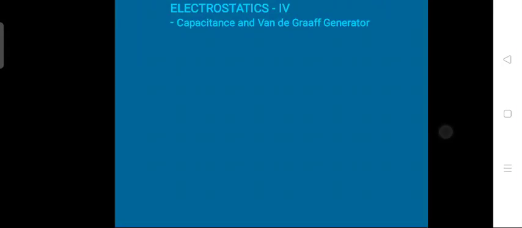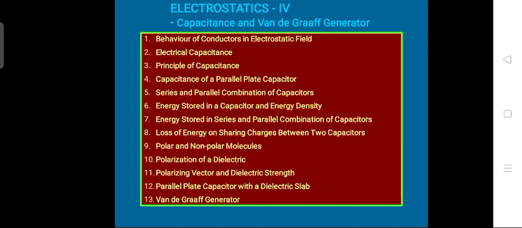In the continuation of our second chapter, we are going to study about the behavior of conductor, electrical capacitance, principle of capacitance, capacitance of parallel plate capacitor, series and parallel combination, energy stored and energy density, energy stored in series and parallel combination of capacitors, loss of energy sharing between two capacitors, polar and non-polar molecules, what is meant by polarization, polarizing vector, dielectric strength, and parallel plate capacitor with dielectric slab, and at last we will study about the Van de Graaff generator.